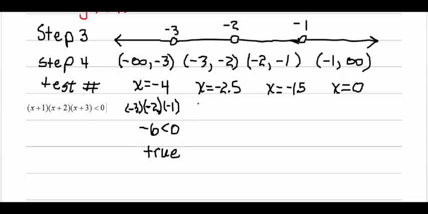So now let's test x equal negative 2.5. Negative 2.5 plus 1 is negative 1.5. Negative 2.5 plus 2 is negative 0.5. Negative 2.5 plus 3 is 0.5.